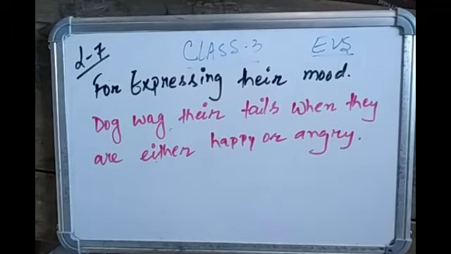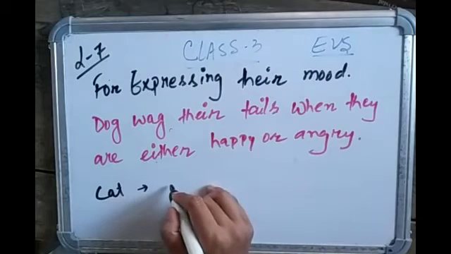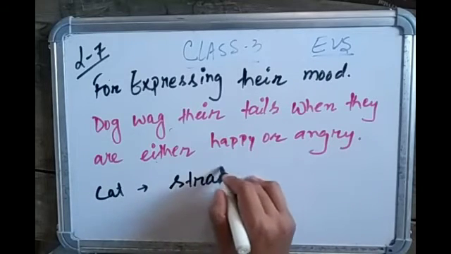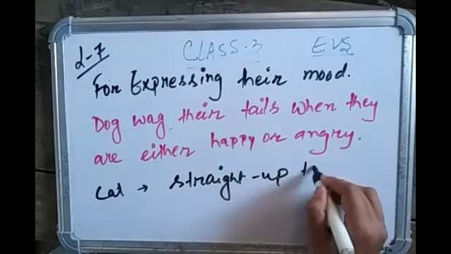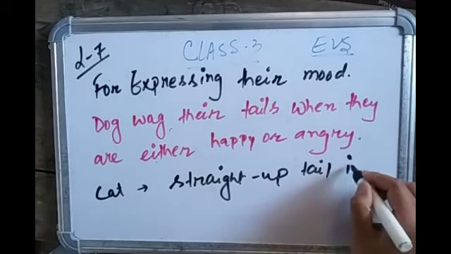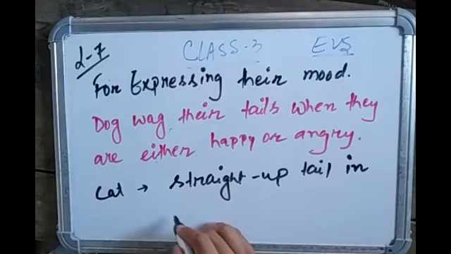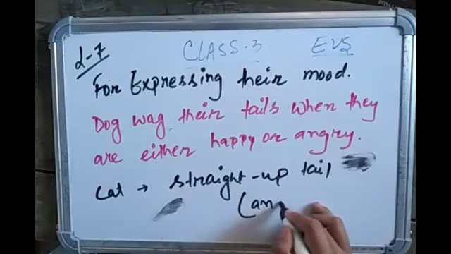Then a straight up tail in a cat tells you that it is angry. Cat is also taken as an example. A straight up tail in a cat shows that its expression is angry.